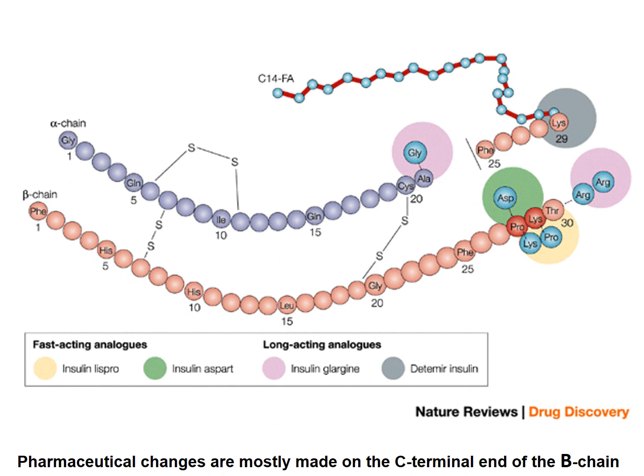Now what we have are pharmaceutical analogs. What does that mean? It's human insulin, but something about the insulin has been changed. The amino acid sequence has been changed. Fatty acids have been conjugated to the insulin. Additional amino acids have been added to the insulin.